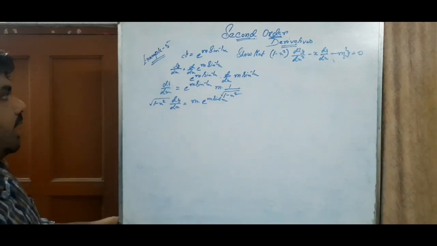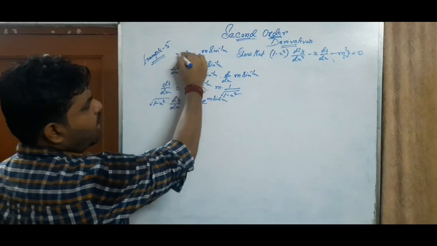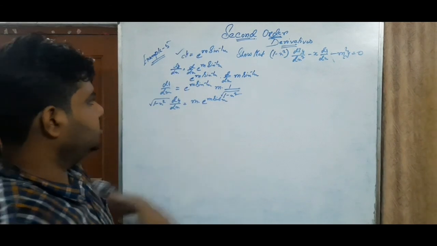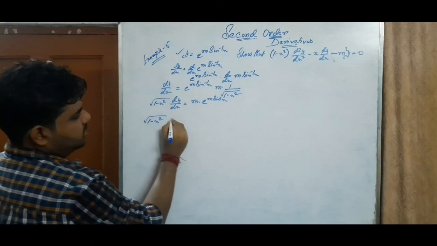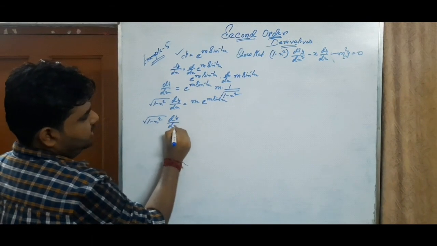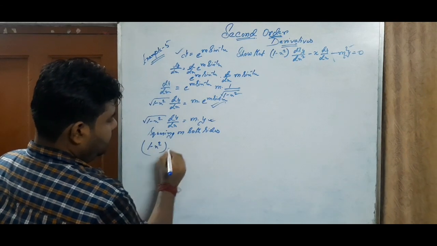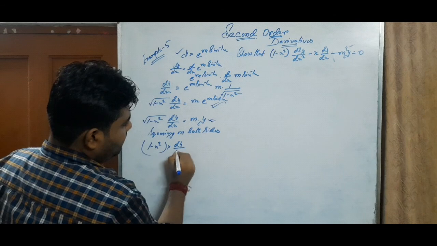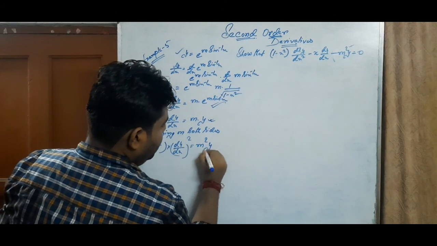Now can we write e to the power m sine inverse x as y? Yes. So root over 1 minus x square dy/dx equals m y. Squaring both sides, that is 1 minus x square into (dy/dx) whole square equals m square y square.